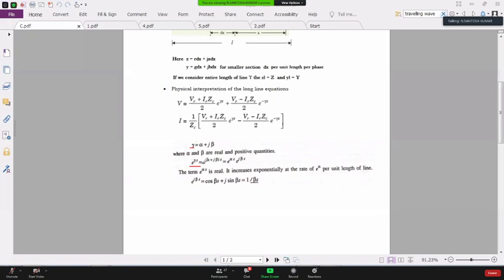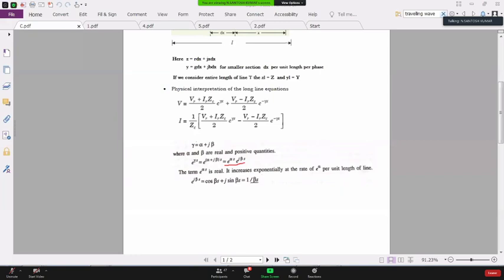Keep that in mind, because based on that we will understand the traveling wave concept. Now, e power alpha s can be written as e power alpha plus j beta. According to your math knowledge, e power a plus j b equals e power a dot e power j b. Same way, we are splitting the term.